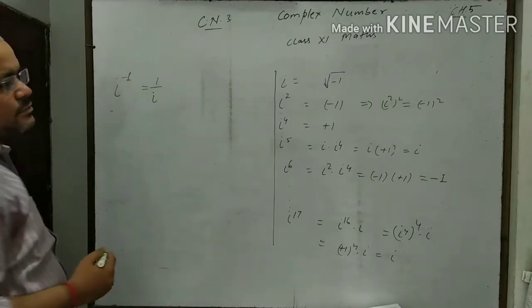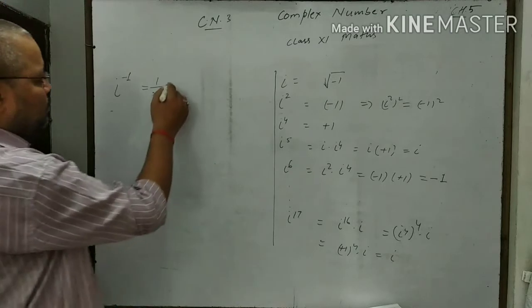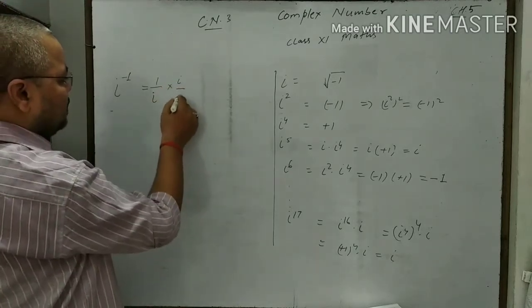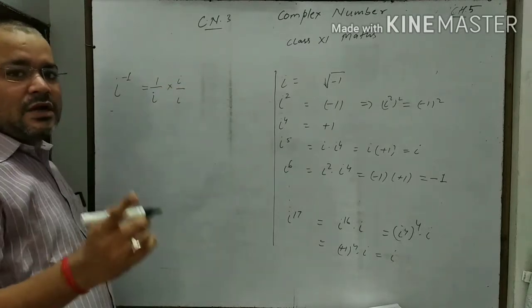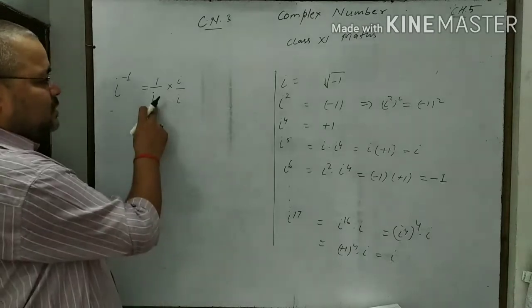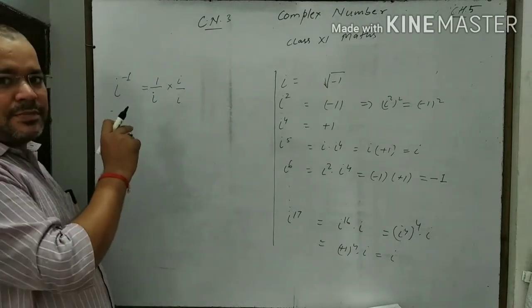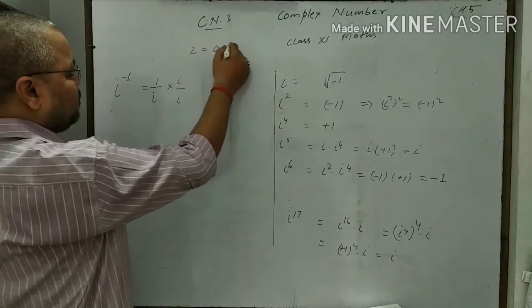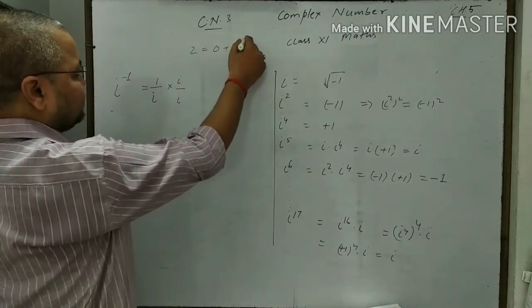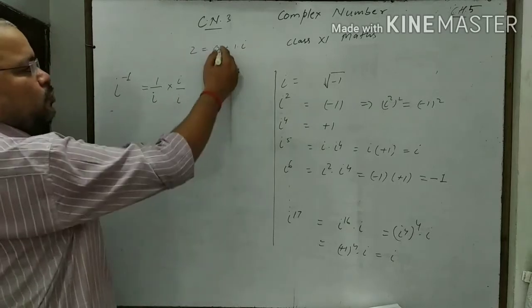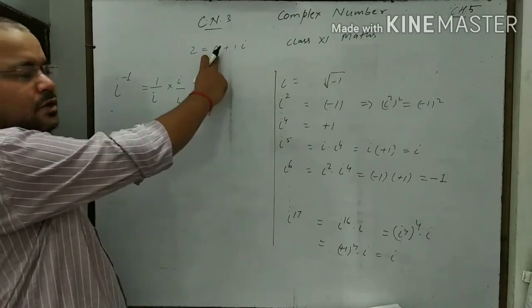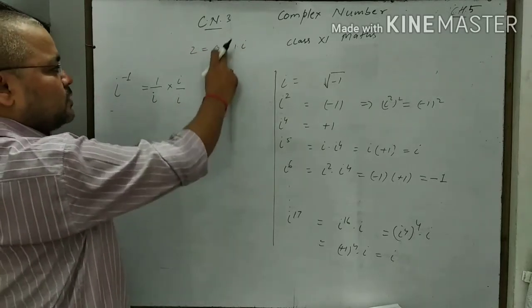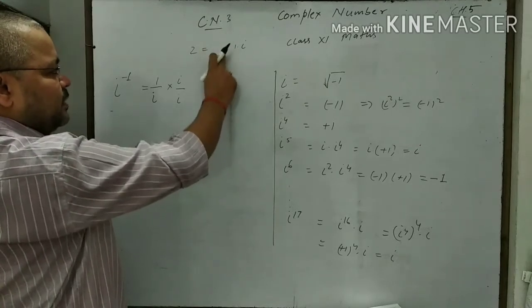Now we multiply i in the numerator and i in the denominator, because we do not want i in the denominator. This is a pure imaginary number, because it can be written as 0 plus 1 i. The real part of this is 0. Therefore this is a pure imaginary number.